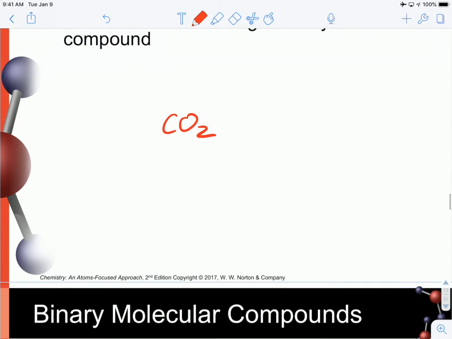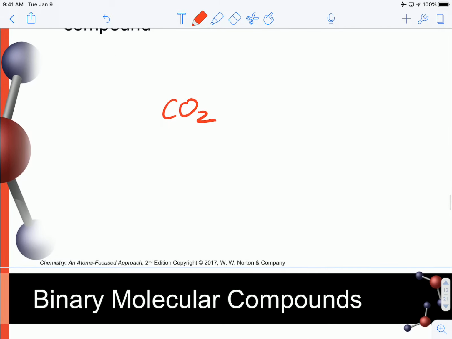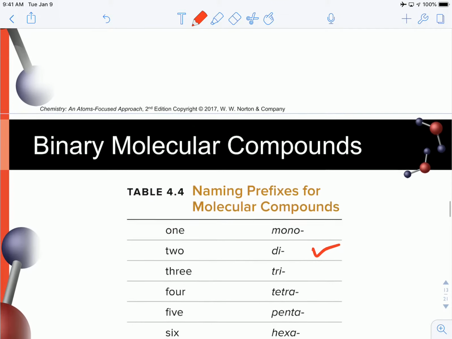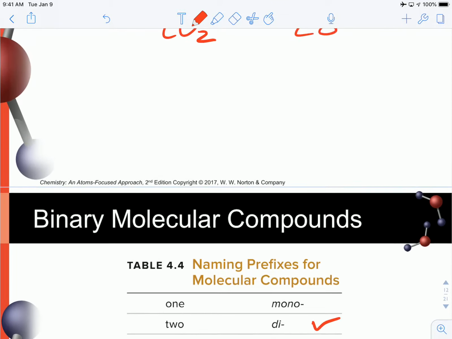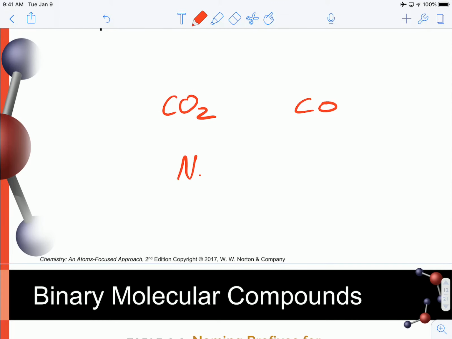That's carbon dioxide. You don't use the mono prefix. You don't say monocarbon dioxide for the first element. You do use it for the second, carbon monoxide, that is. So that's just using these prefixes here.